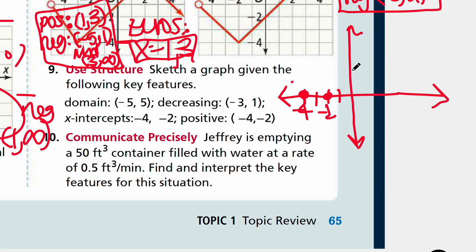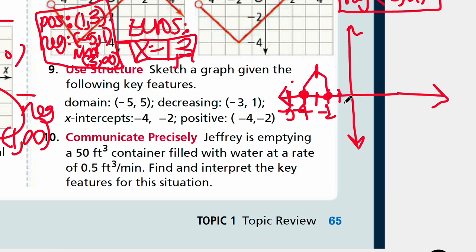Okay, but your domain is from -5, so your graph still has something before -4. But your graph is positive from -4 to -2. So, and it's decreasing from -3 to 1. So it's gonna go up, and then it's gonna start decreasing from 1.